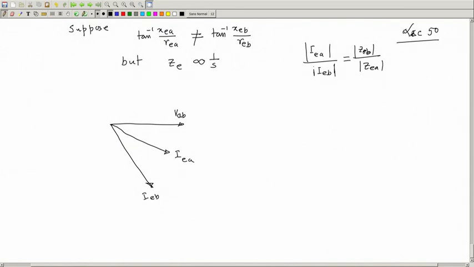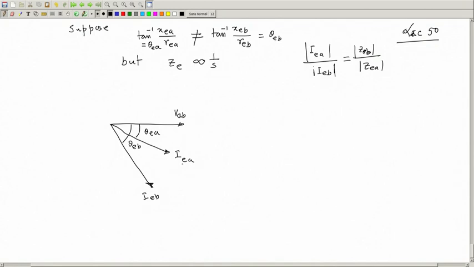Therefore, suppose this angle is theta EA, and this angle is theta EB. Is it not? This way it will lag. Earlier these two angles were the same, IEA and IEB were in phase.